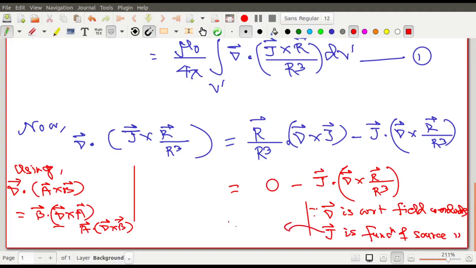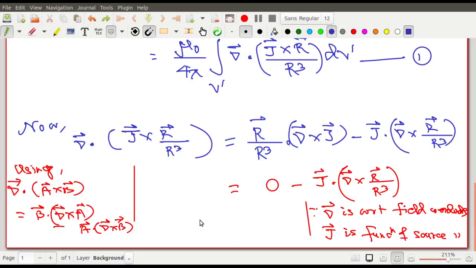J is a function of x dash y dash z dash, and this divergence operator is a function of x y z, right? So divergence operator is a function of x y z, but J vector I have already said it is a function of x dash y dash z dash, because J is the source of the current. A source is always primed, and this divergence is with respect to field coordinates, and field is always x y z. So this one is with respect to field coordinates, and J is a function of the source coordinates.